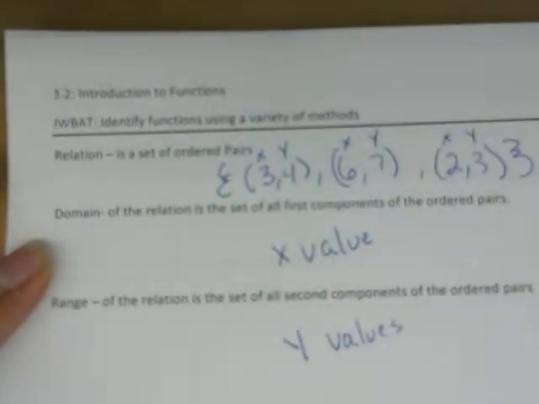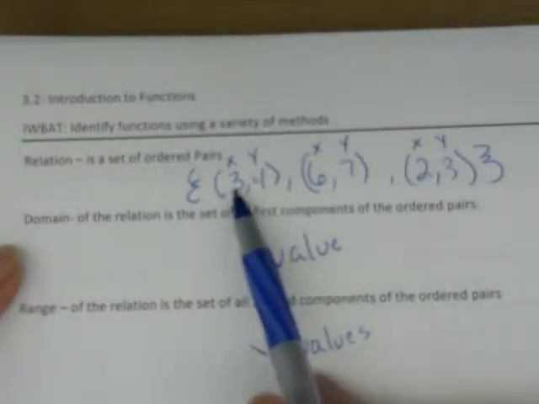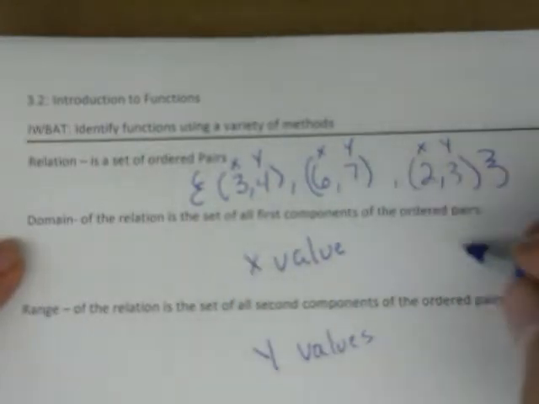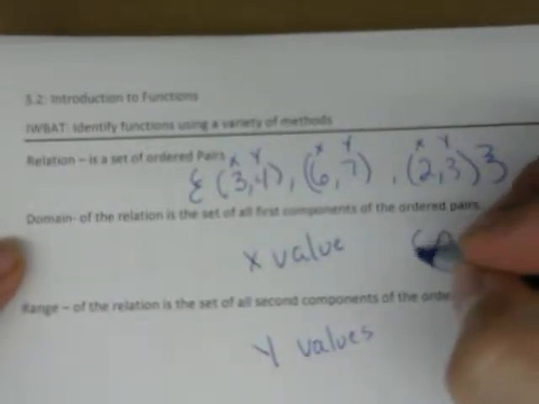So when we're looking at something like this and we want to know what the domain is, let's just list out all my x values. I have a 3, a 6, and a 2. In order from least to greatest, I've got 2, 3, and 6. This is my domain.